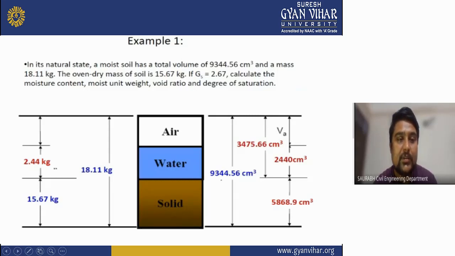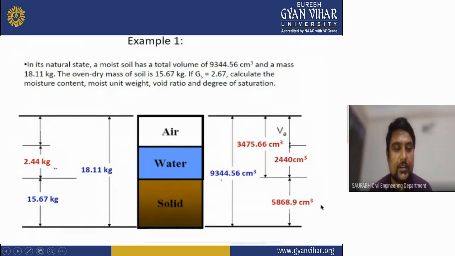The oven-dry mass of soil is 15.67 kg. If Gs is given as 2.67 for the soil, then you have to calculate the moisture content, moist unit weight, void ratio, and degree of saturation of the soil. You have to solve this using this diagram and these formulas.